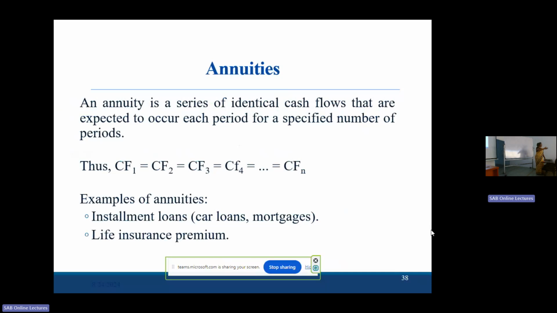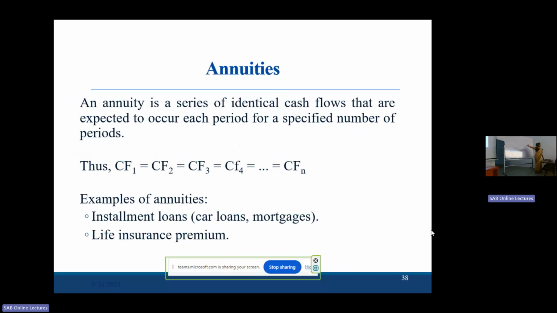In the annuities, you are getting the same amount, the same even cash flow, and also the time gap or time range is even. If it is yearly, all the cash flows should be yearly. If it is monthly, all should be monthly. If it is quarterly, likewise. So that is the difference.